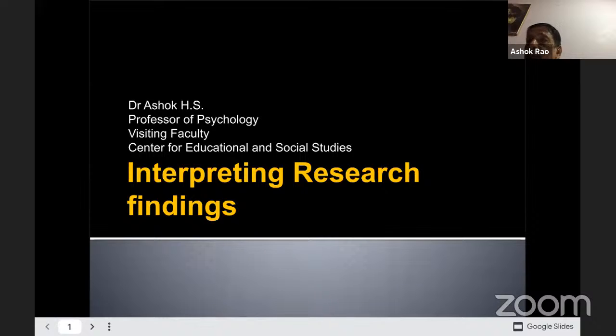Social behavior is very dynamic, and when it is dynamic, you can't say that the finding you have arrived at will be accurate, because several other variables, which the researcher is not able to understand and control at the time of research itself, contribute to the failure to establish causation of the particular behavior. Okay, so does the study establish causation or not is a question that you have to ask.